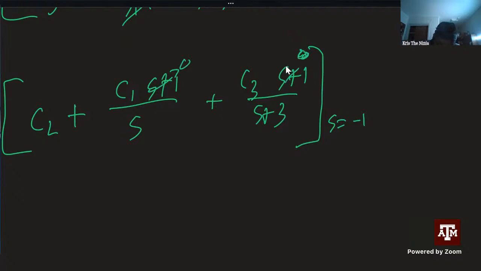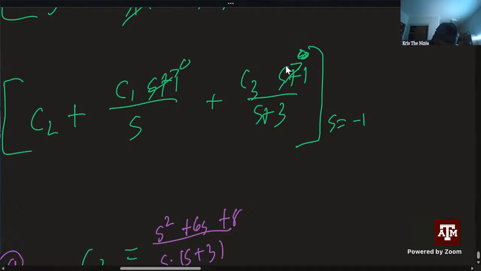So now you have C2 equals, and then once again, we're returning back to purple, S squared plus 6S plus 8 over S times S plus 3. And this is at S equals -1.